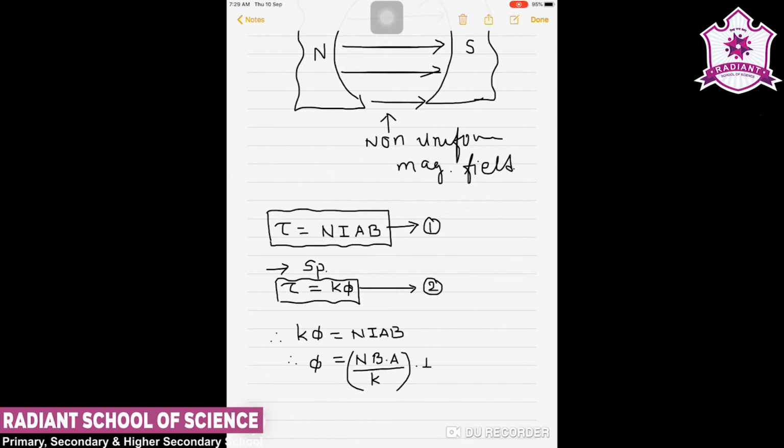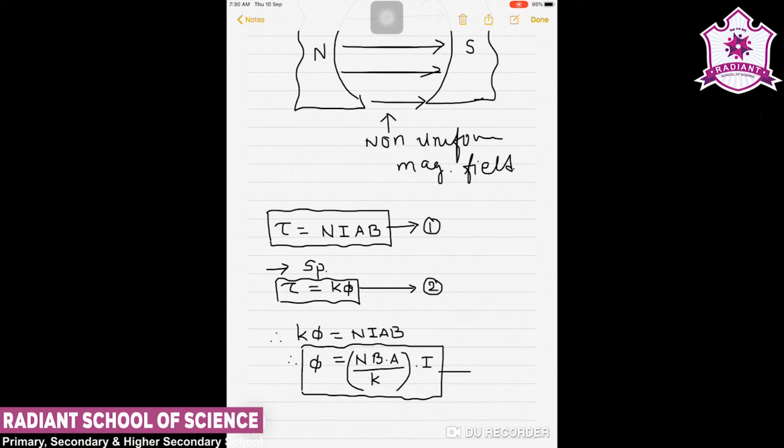It is very interesting to see that the quantities in the bracket, that is the number of turns, magnetic field, cross-sectional area, and torsional constant K, are all constant, and therefore as you change the current, the deflection will also change.